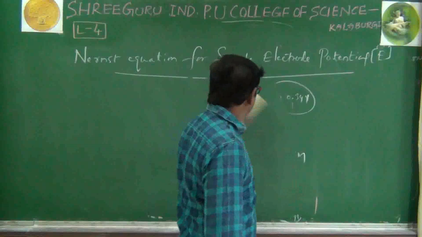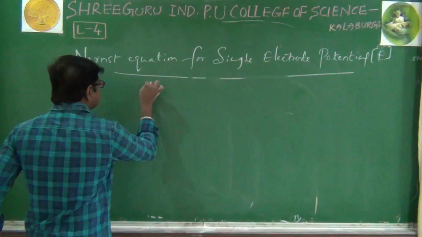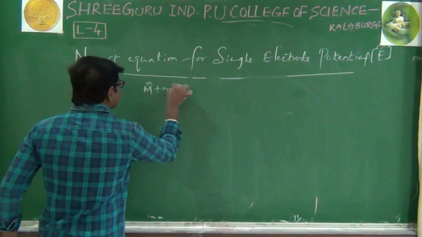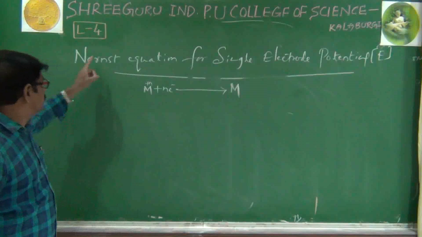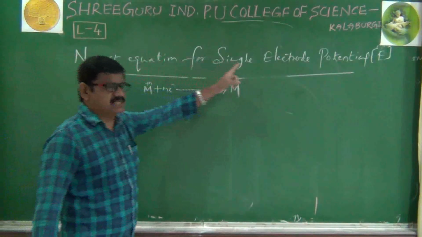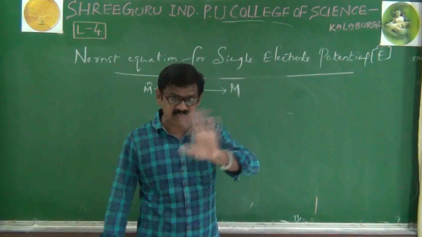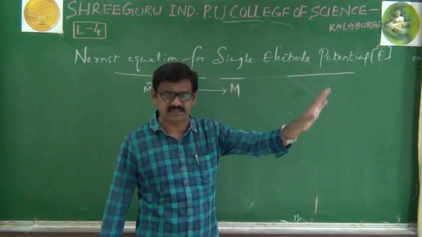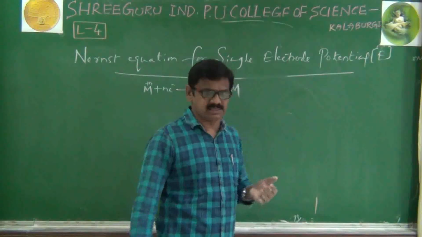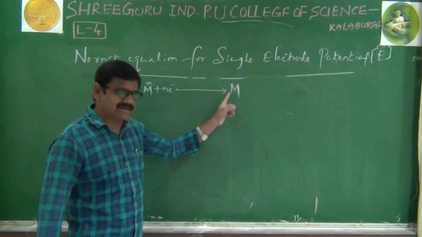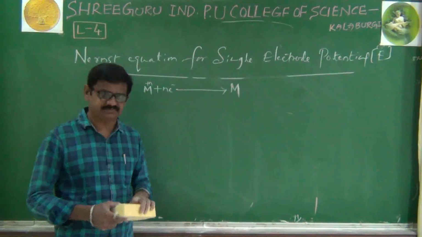For that purpose, I am giving one general reduction reaction: M plus N electrons gives M. Because according to the Nernst equation also, we are calculating reduction potentials only. Of course, they are not standard reduction potentials, but they are reduction potentials, because the concentration is other than 1 molar. That's why I have given one general reduction reaction.